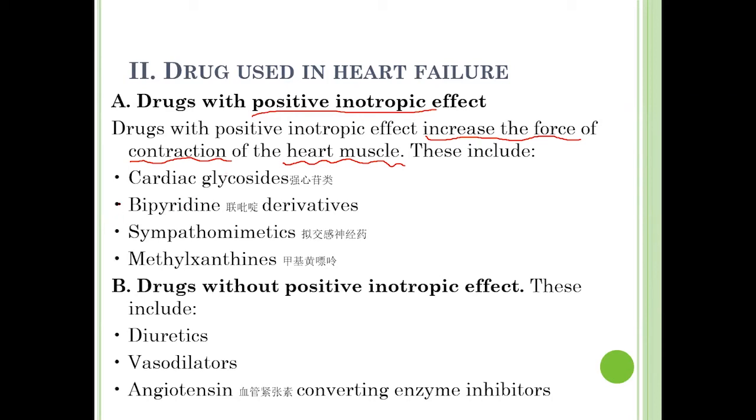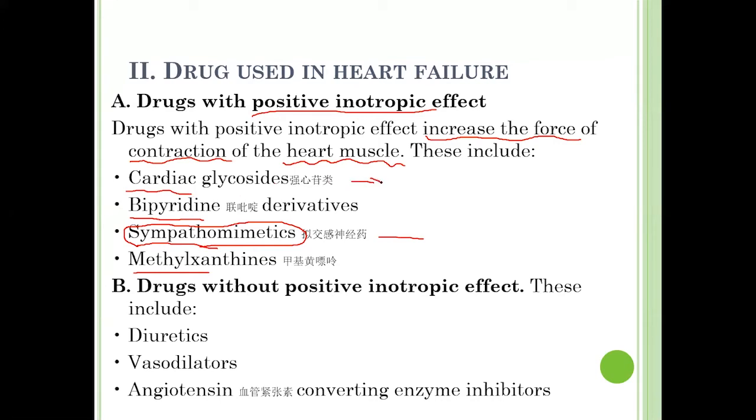So that's a category here, not a single term. I believe this one we are pretty familiar with already. Sympathomimetics mean actions pretty similar to sympathetic transmitters' actions.